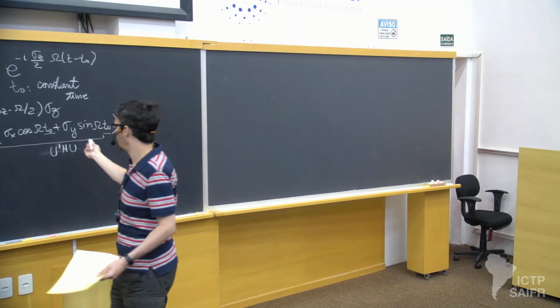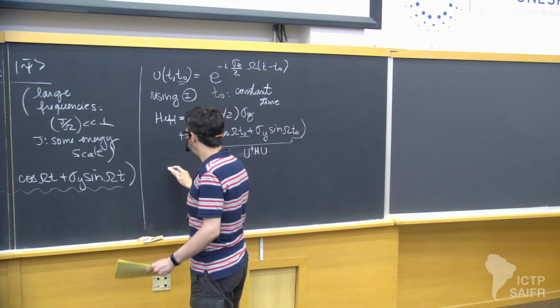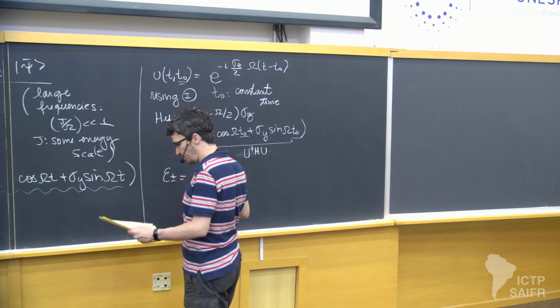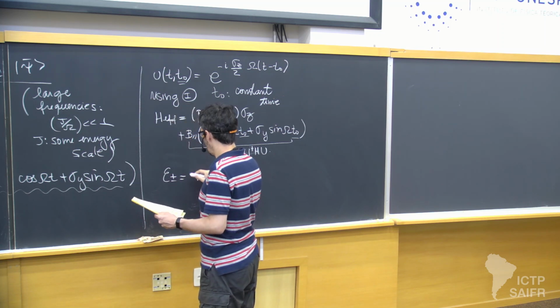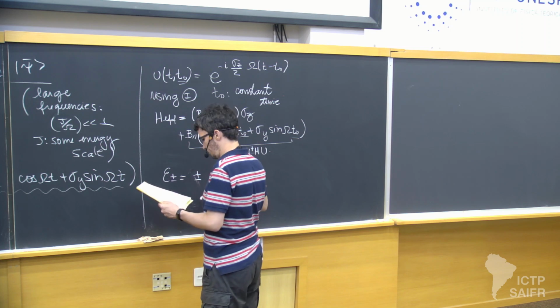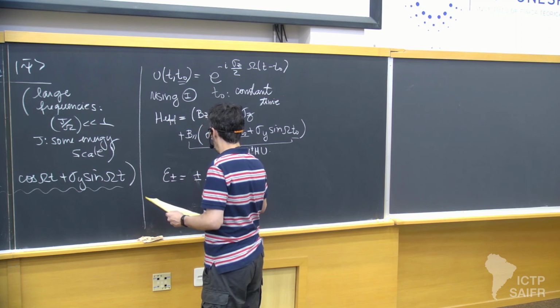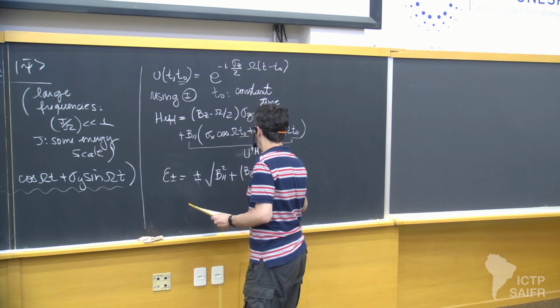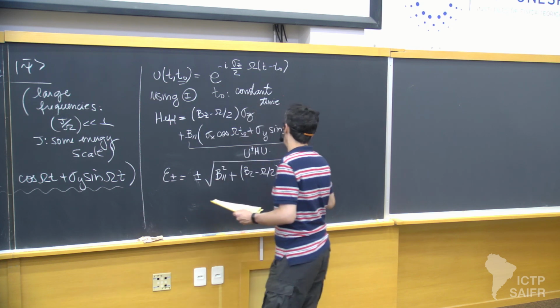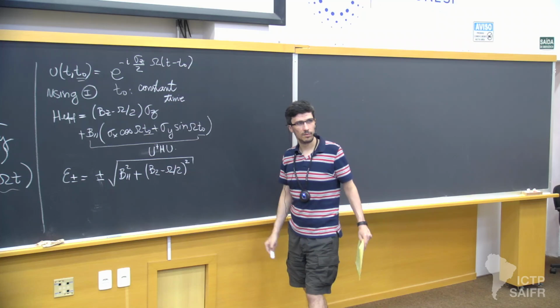Interestingly, the spectrum of this Hamiltonian is very easy to find, and the quasi-energies have the exact form as we found yesterday. So it's plus or minus square root of b parallel squared plus (bz minus omega by 2) squared, okay? It will not have the constant term in front.